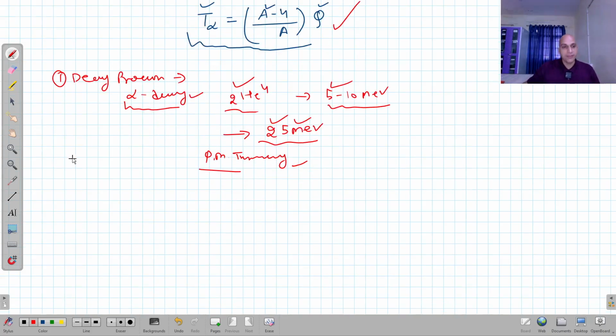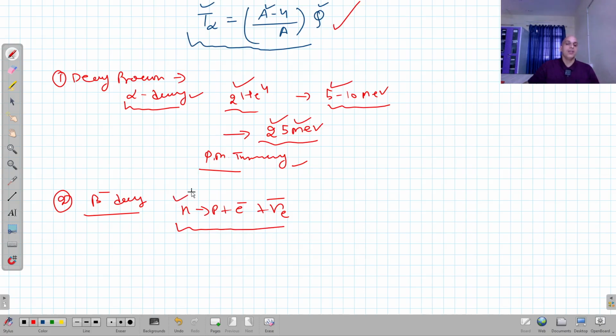The second one is beta decay, and in beta negative decay, I told you that beta negative decay means neutron goes to proton plus electron plus antineutrino. So why does this reaction take place inside the nucleus? Because the nucleus has an excess number of neutrons, and these neutrons are becoming a trouble. How?